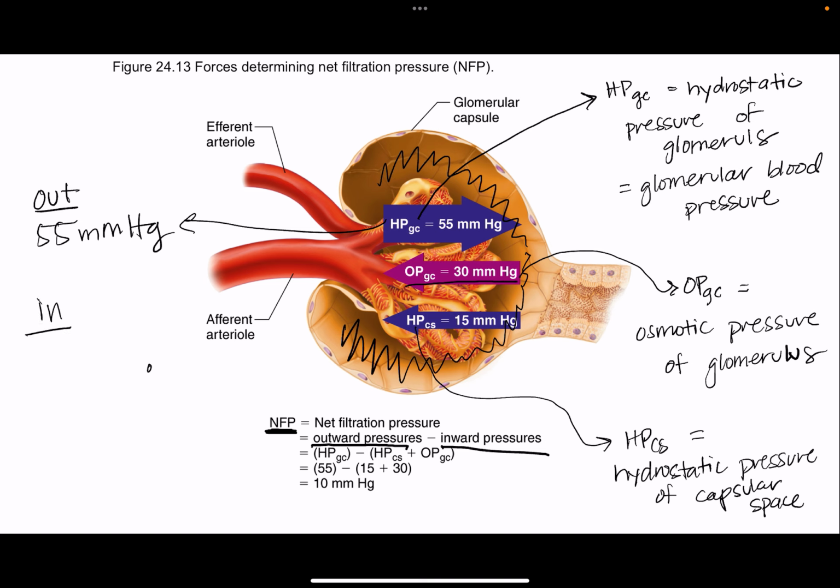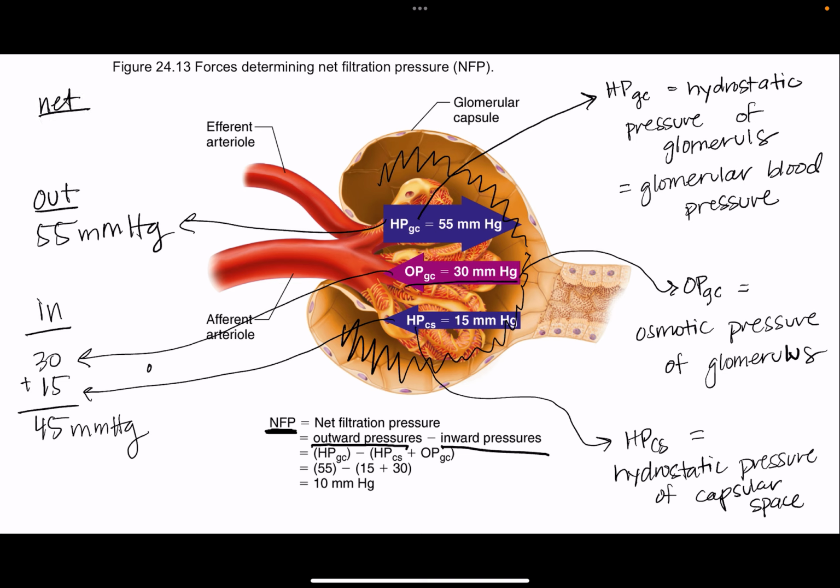Our inward pressures are going to be 30 plus 15, which is 45. So 55 millimeters of mercury going out, 45 millimeters of mercury coming back in. So the net is 10 millimeters of mercury outward, which is going to allow us to filter out and make that fluid to start the diuresis or urine formation process.